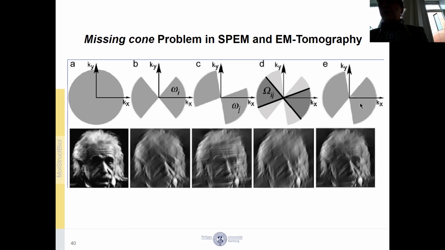Here is another example of what happens when you do not get the full data recorded. Look at this view of Albert Einstein, and that is how it looks when you are missing some orientations and do the reconstruction. I think we could still recognize Albert Einstein on all these images, but they are not perfect, and clearly there are some compromises, some look better and some not so good.